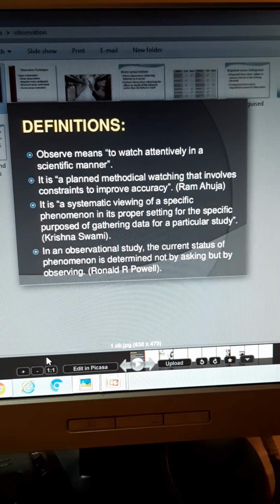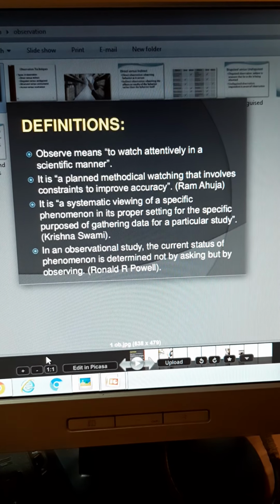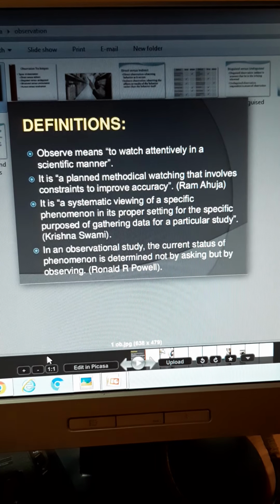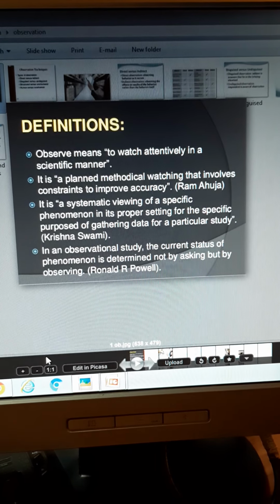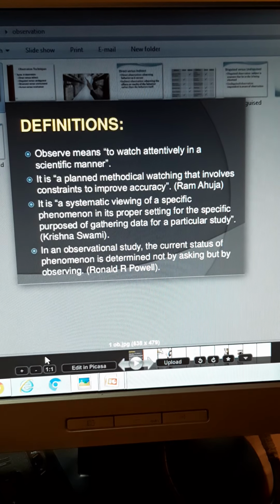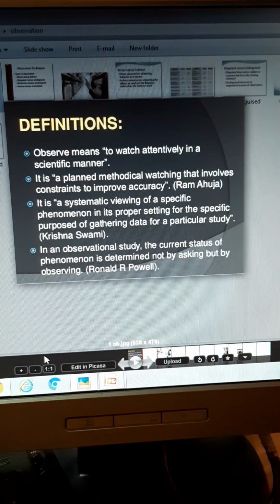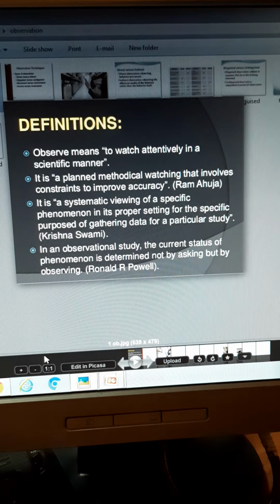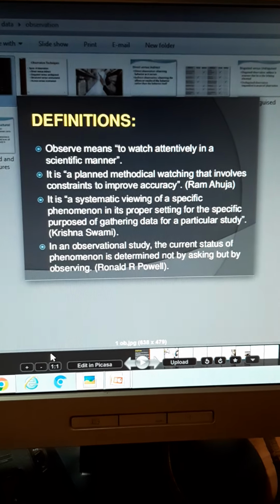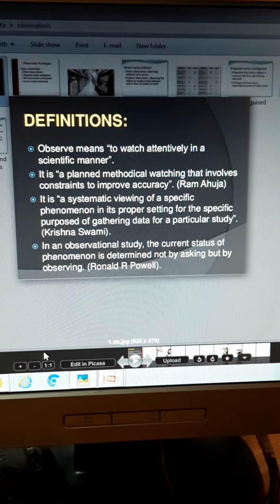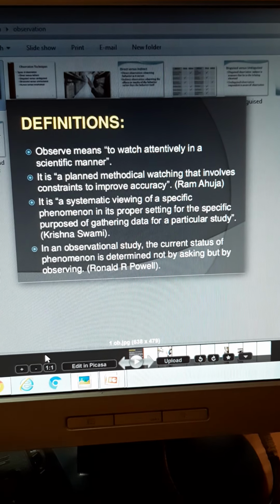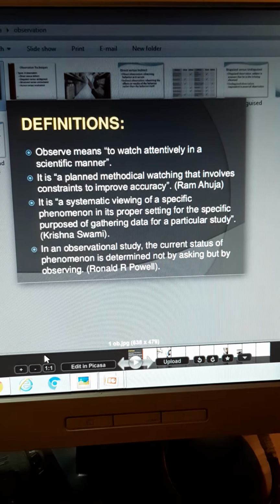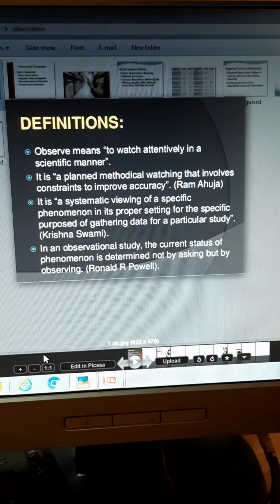Specific purpose for gathering can be data on how animals migrate, how birds migrate, right? Another example: you go to a play home and see how the children are playing for a specific purpose. What is the specific purpose? How their motor skills are developed.